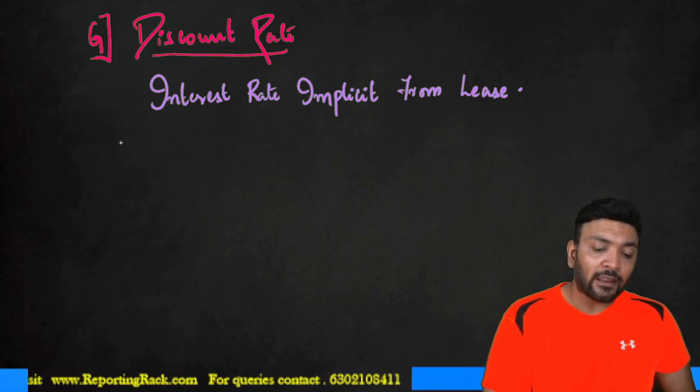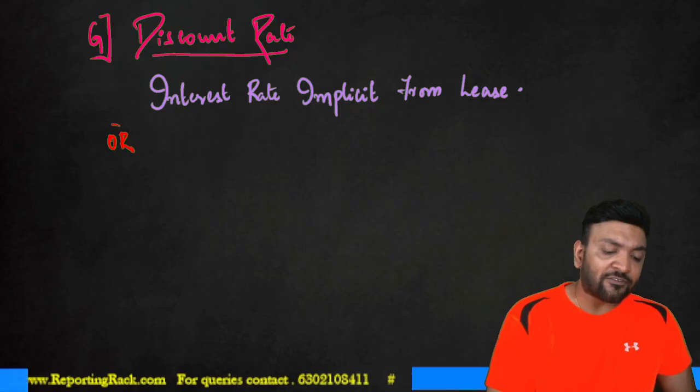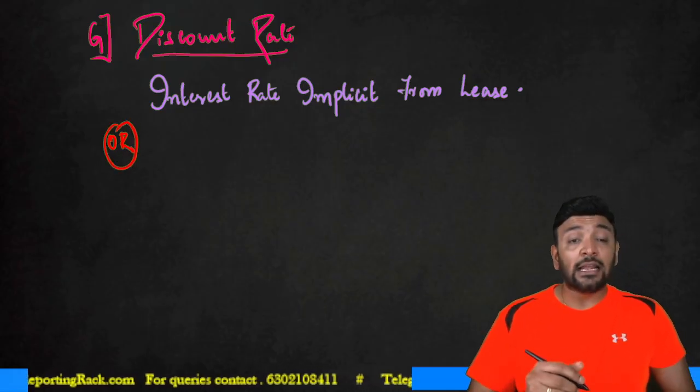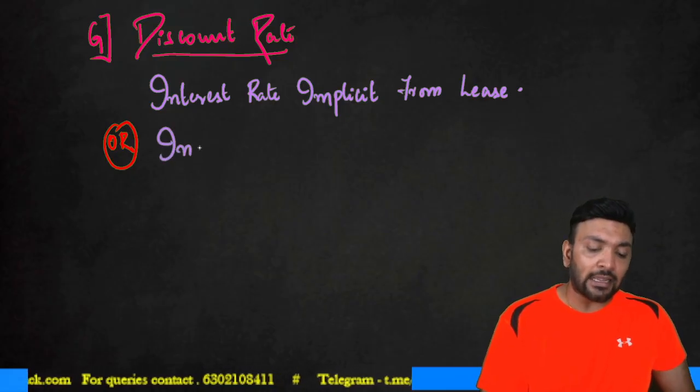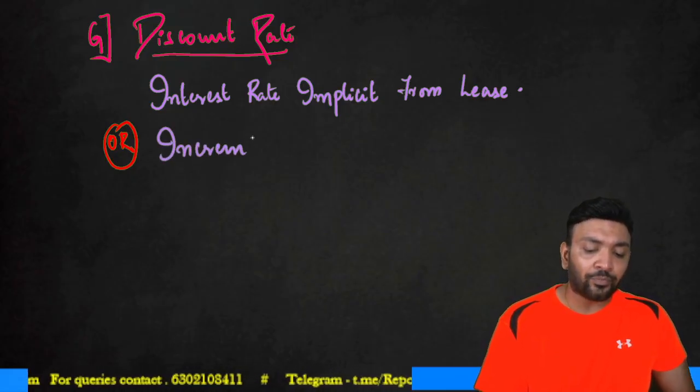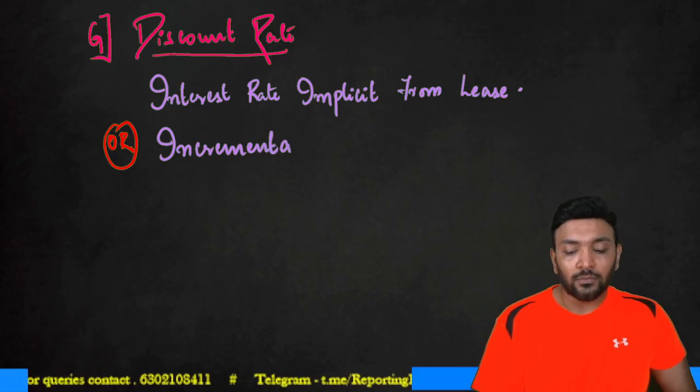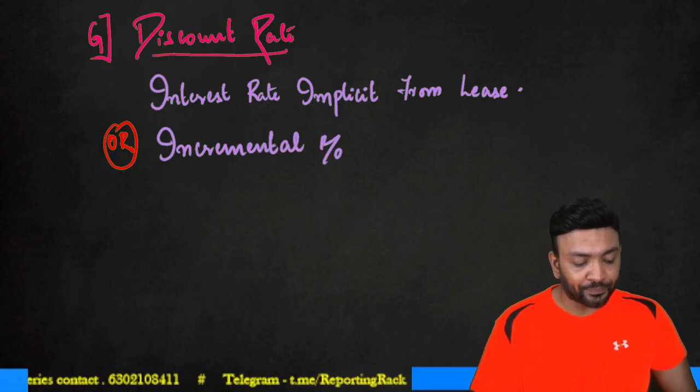Or if this interest rate implicit from lease is not available, instead of using this rate, I can use something called the incremental borrowing rate.